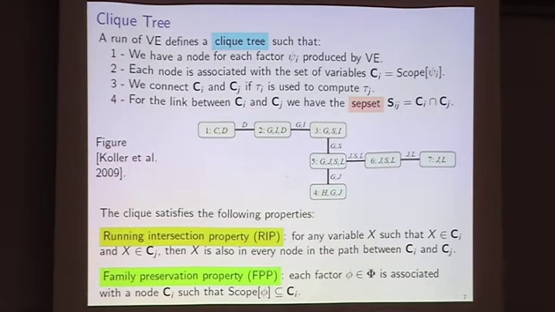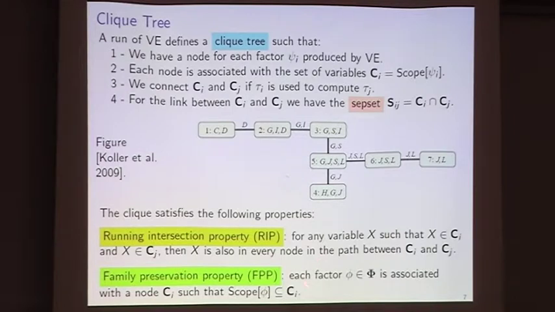We can see it, for example, if we have a node here that contains the variable j, and here we have another node that also contains the variable j, then any intermediate node in the path connecting these nodes also contains the variable j. Another final property of the click tree is the family preservation property.